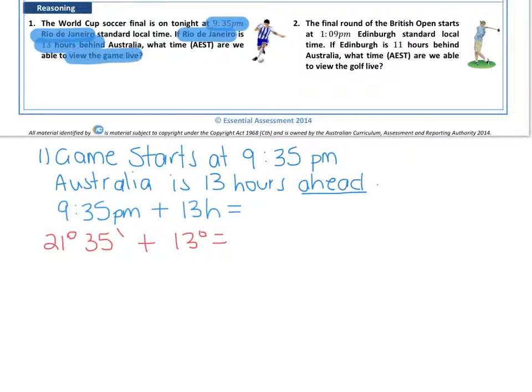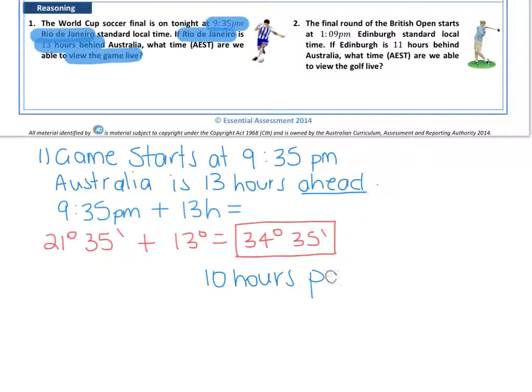However, our calculator is going to display for us 34 hours and 35 minutes, which doesn't make sense as our 24-hour time period should finish at 2400 hours. Using our problem-solving skills, we can see that this is just 10 hours past the 24-hour time period.